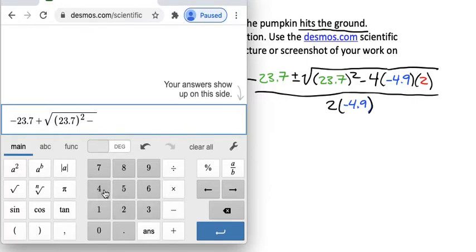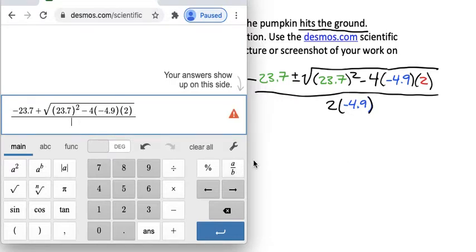And then minus 4 times a times c. Now, in order to get this fraction bar, I'm going to highlight everything that I've already typed and then hit this a over b.